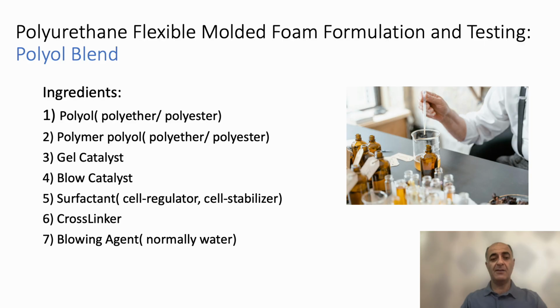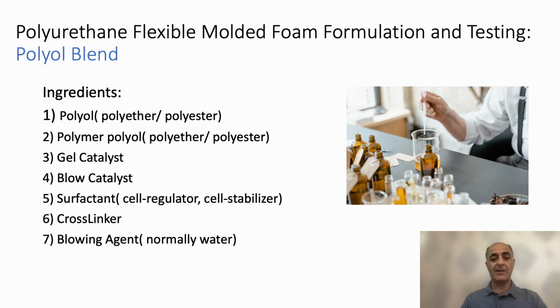Then we need gel catalyst for catalyzing the gel reaction. Next one will be the blow catalyst to catalyze the blow reaction. Then we need surfactant, either as a cell regulator or cell stabilizer. It depends on the density of the foam that we are seeking.